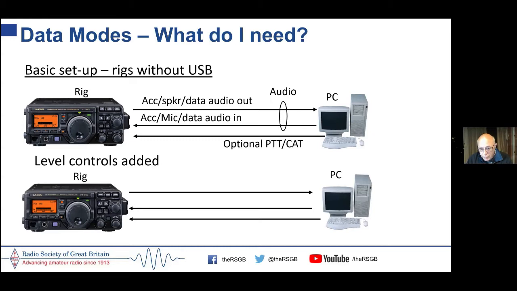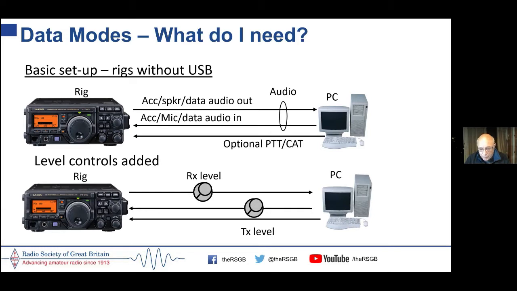One thing you can do as a convenience that can help is to put a couple of simple level controls, a 10K pot or something similar, in each lead. So you've got a manual adjustment of the level, so you can adjust the drive to your rig and also the level going to the computer.